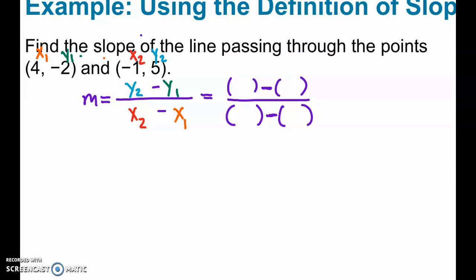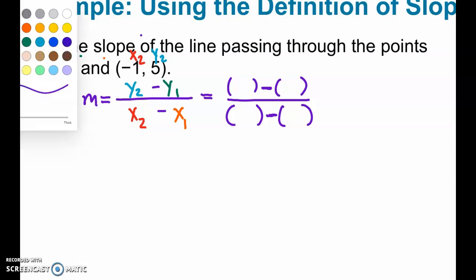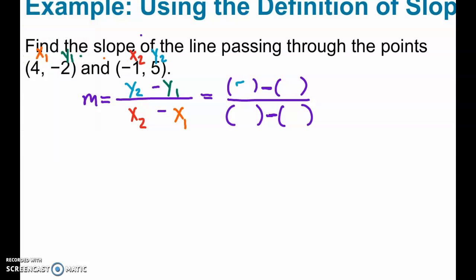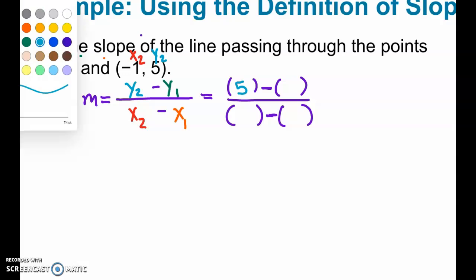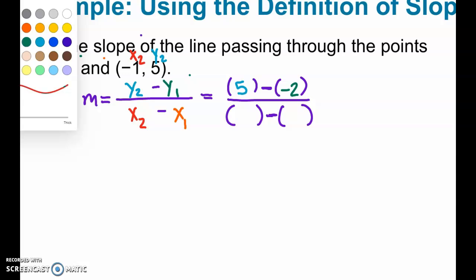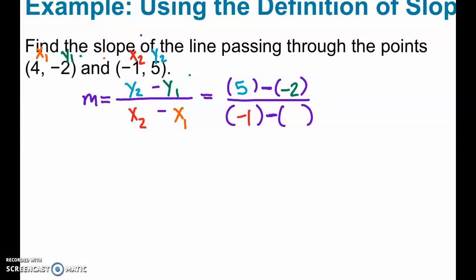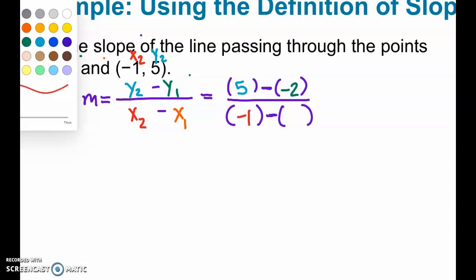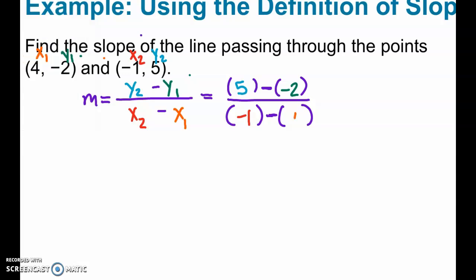It's the difference between the x points. And then I will plug in. So y2 I labeled as 5. So in place of y2, I'll put 5. y1 I labeled as -2. So in place of y1, I'll put -2. x2, well, that was -1. And x1, that was 4.